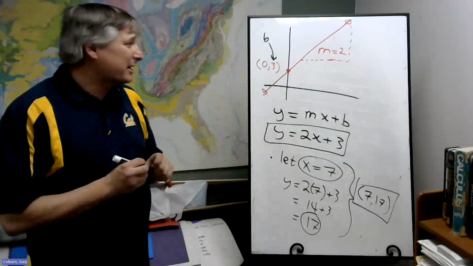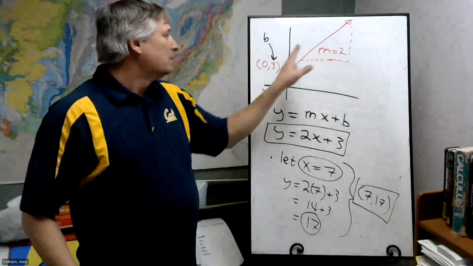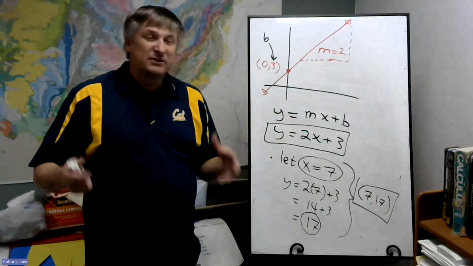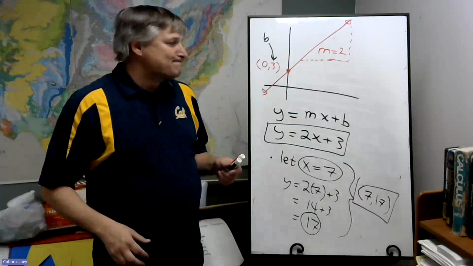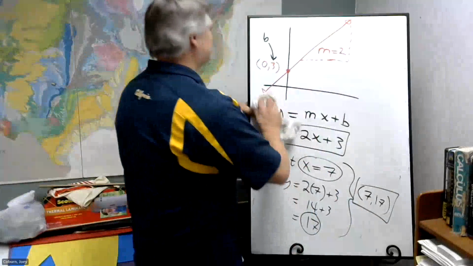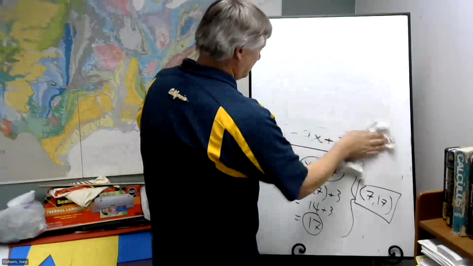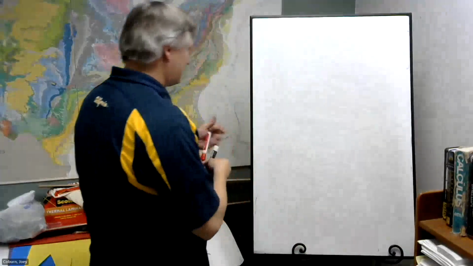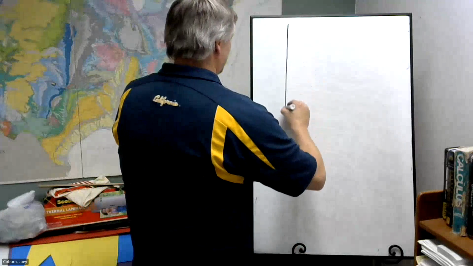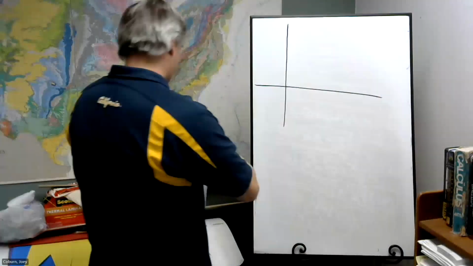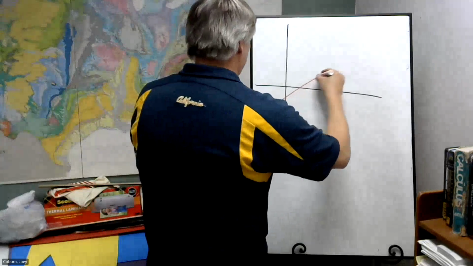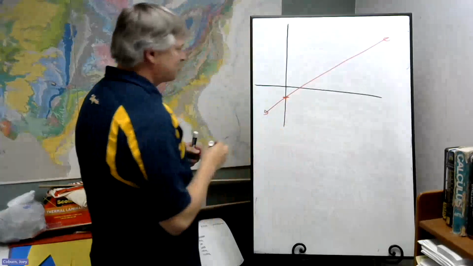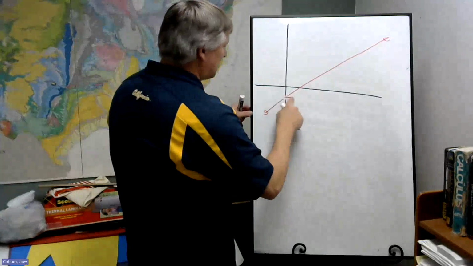But to get this from the line, we need to be given the slope and the y-intercept. Now, what happens if we're given the slope and a point that's not the y-intercept? Well, let's figure that out. So let's say we have the following. So we don't have our y-intercept.